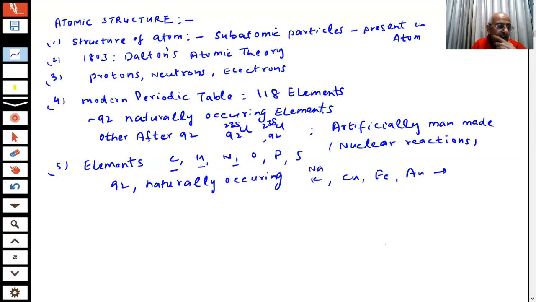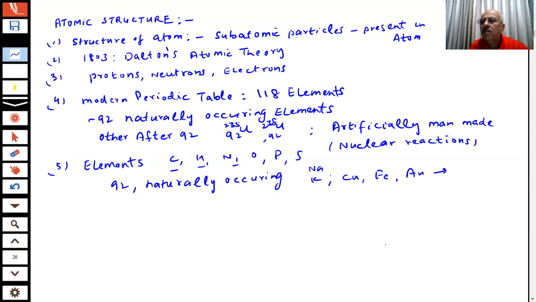And you can say that basically the entire universe is made from a few elements. A few elements are very common. You know which elements are very common, from which most of the stuff is made? Carbon, you know, in your body you have carbon. Hydrogen, in the universe you have large amounts of hydrogen, helium, also nitrogen, oxygen, phosphorus.